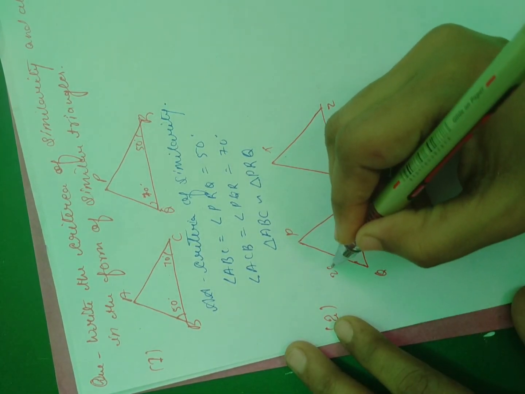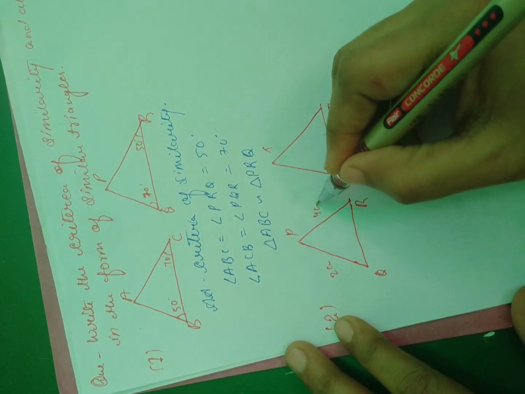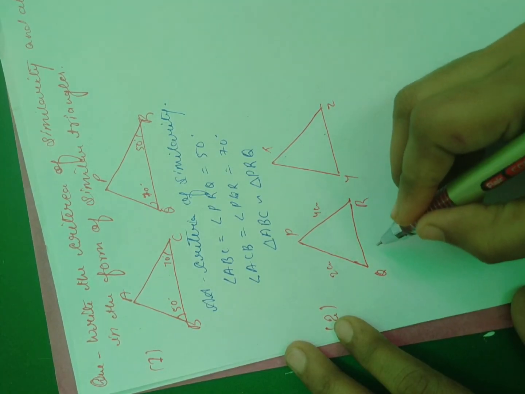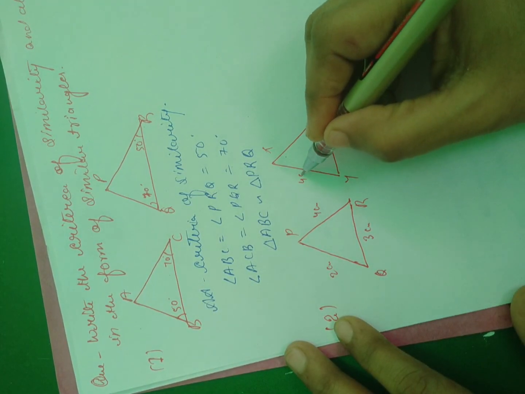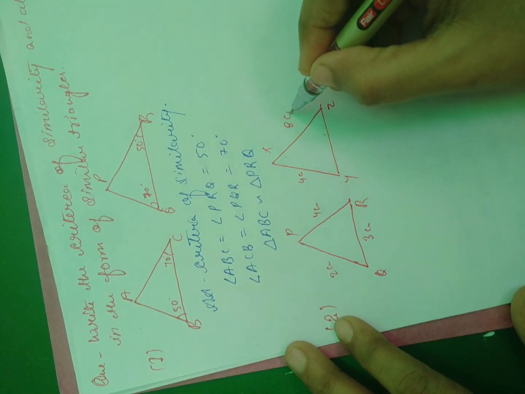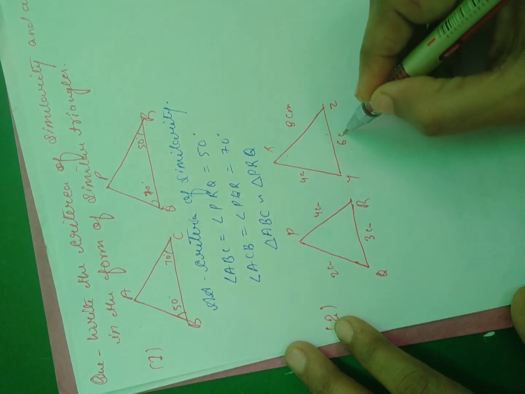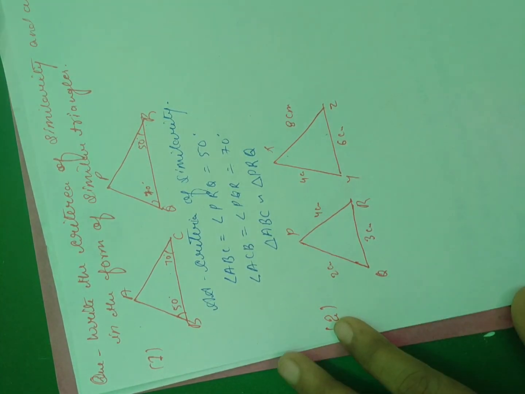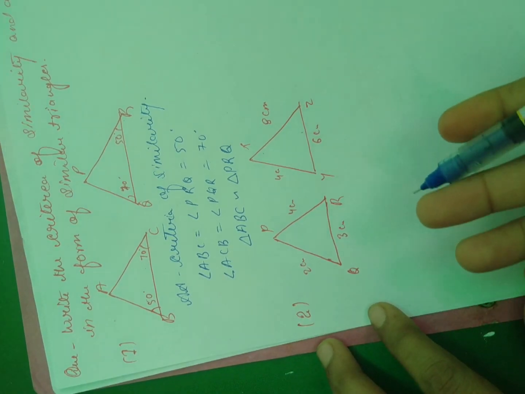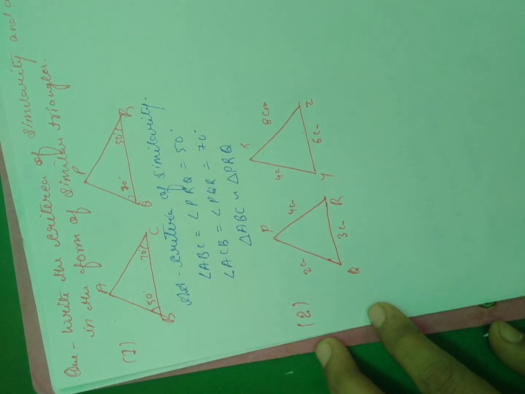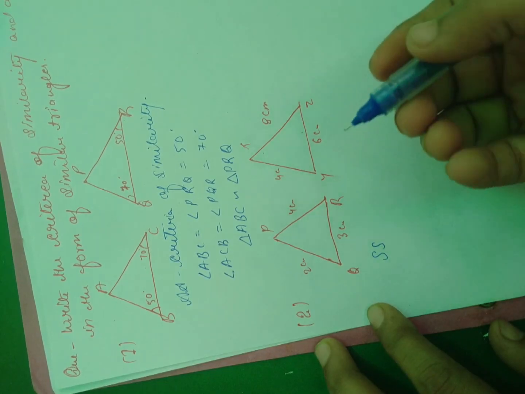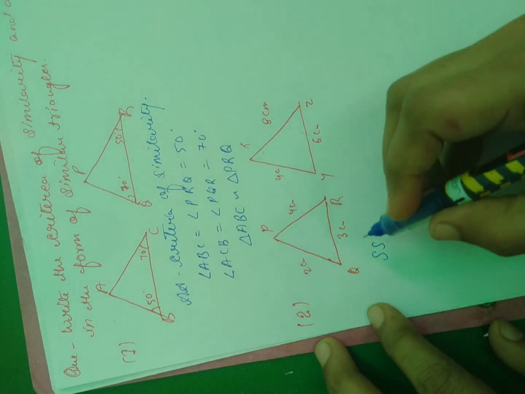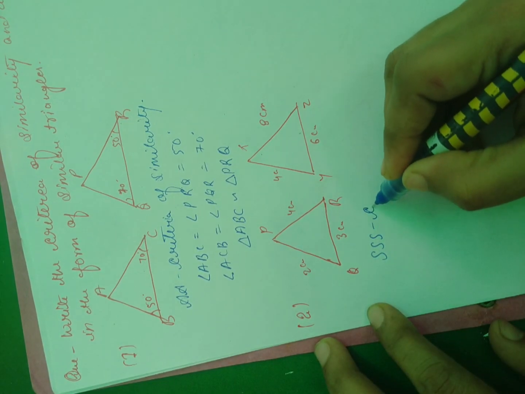So this is 2 centimeters, 4 centimeters and 3 centimeters, and here 4 centimeters, 8 centimeters and 6 centimeters. So we can easily see that here the SSS criteria will hold, because no angle is given.